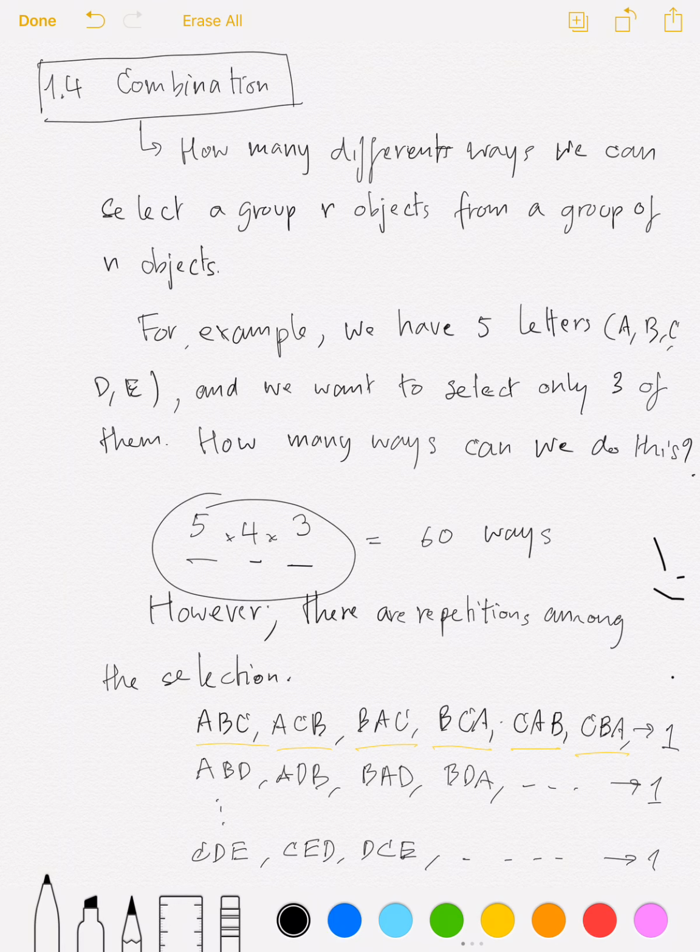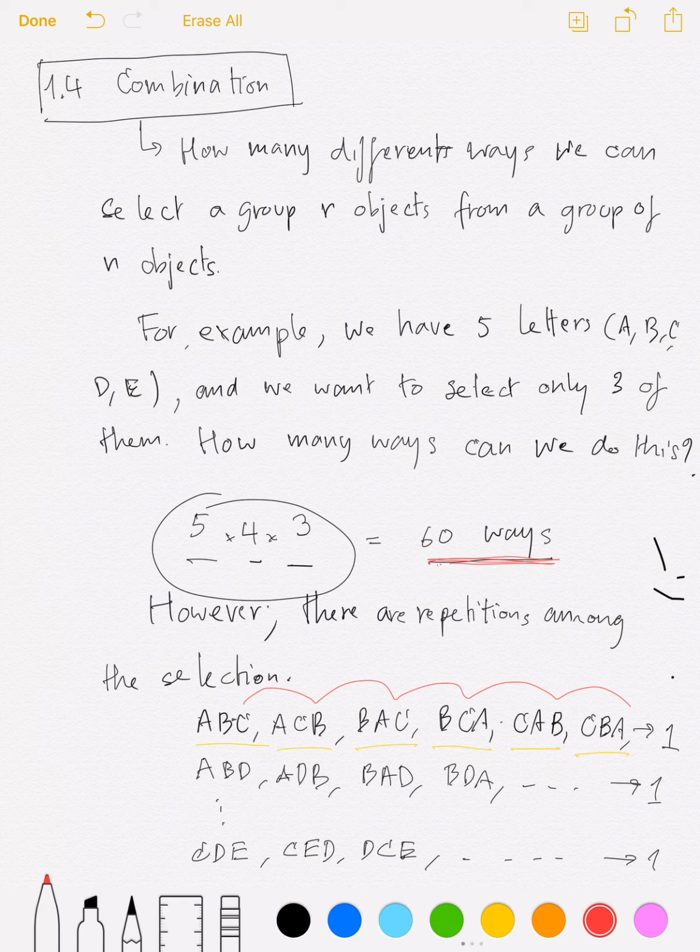So our 60 ways is 6 times more than the actual number, because each group of 6 is counted as 1. So the 60 ways would have to be reduced by a factor of 6.